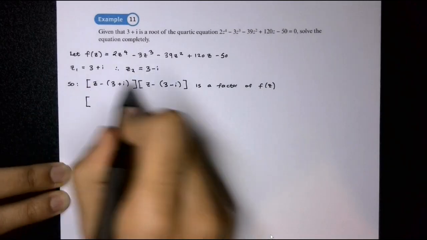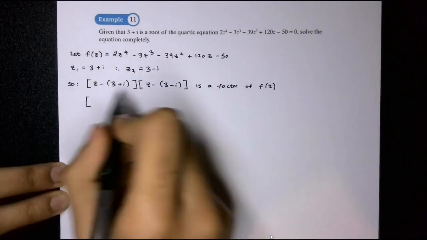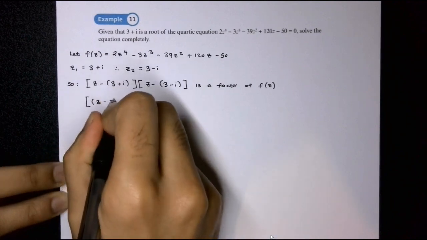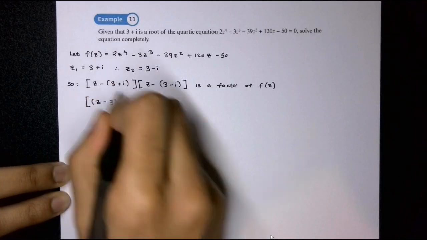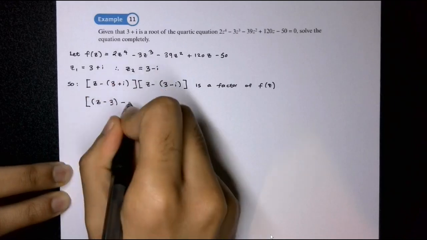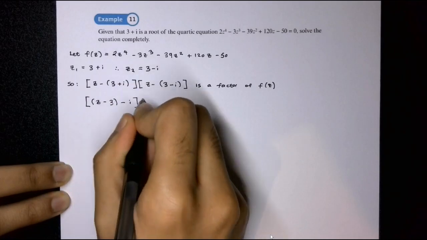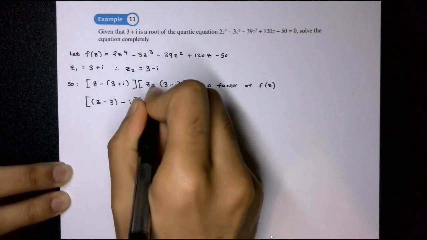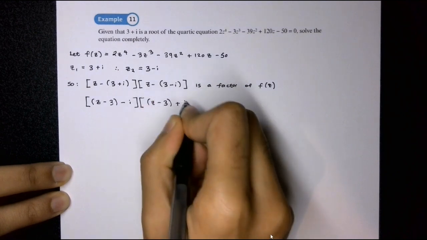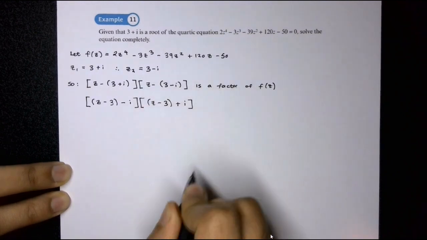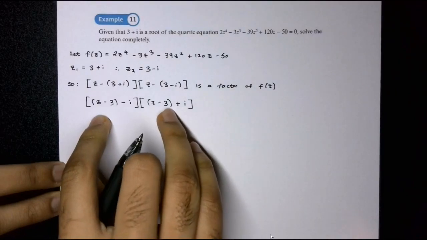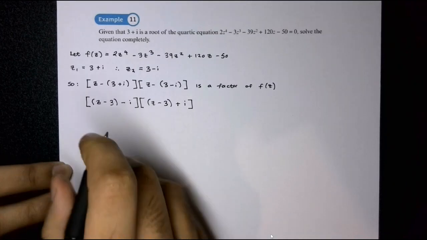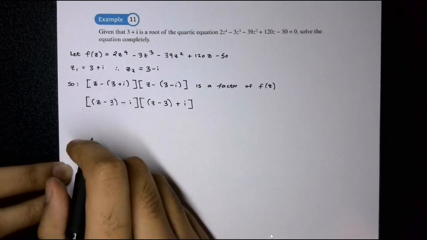We can expand and simplify all of this, and as we did before, instead of multiplying each of these terms together, we can rewrite this as a difference of 2 squares. So here we've got z minus 3, so that's the z minus this 3, and then minus the i multiplied by z minus 3, and then the minus and the minus gives a plus. So here we've got the plus i. So now we just need to simplify all of this.